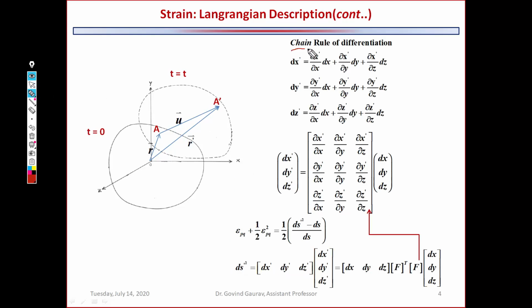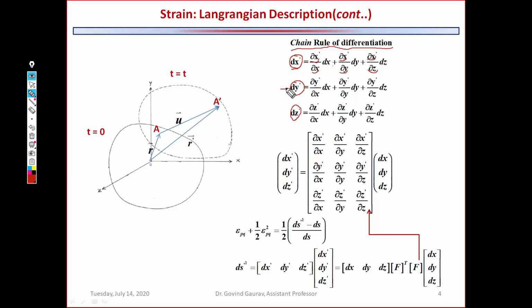Now we will use the chain rule of differentiation to calculate the small displacements dx dash in the x direction, dy dash in the y direction and dz dash in the z direction. How can we calculate the value of dx dash? Again by using partial derivatives. dx dash is given by the partial derivative of x dash with respect to x, plus the partial derivative of x dash with respect to y, and the partial derivative of x dash with respect to z.